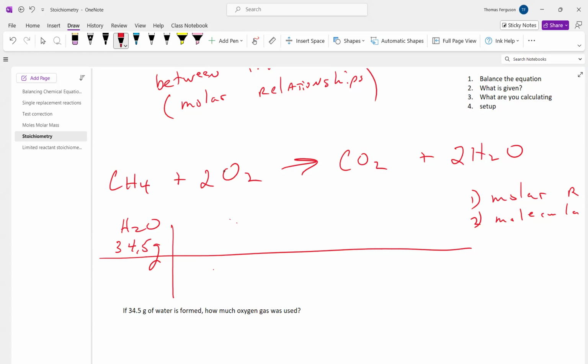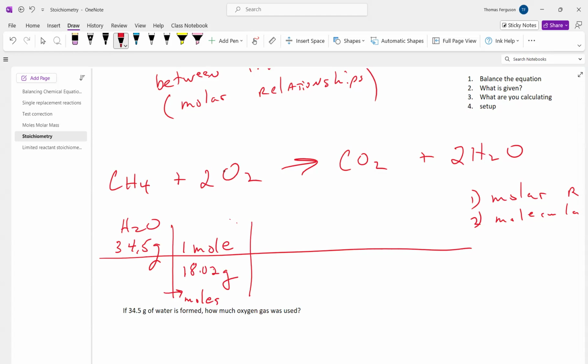Okay, so we have always convert to moles. Now 18.02 is only for water. On the test, question number 1 said NH3, and a lot of you used 18.02.